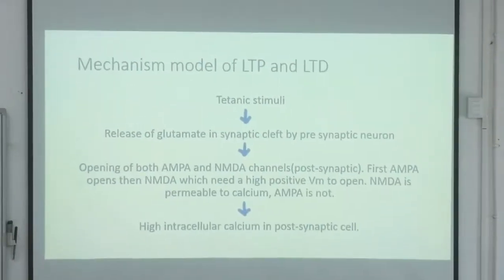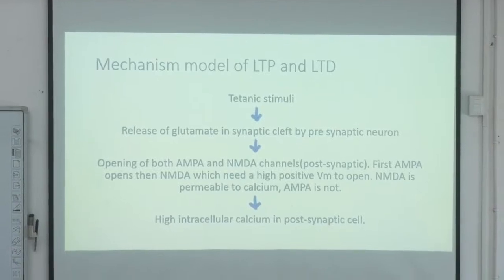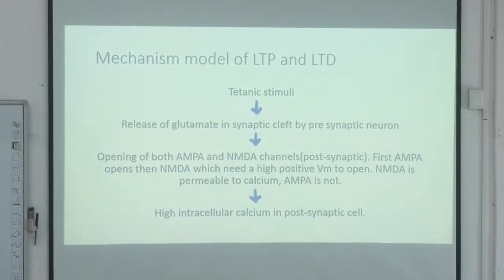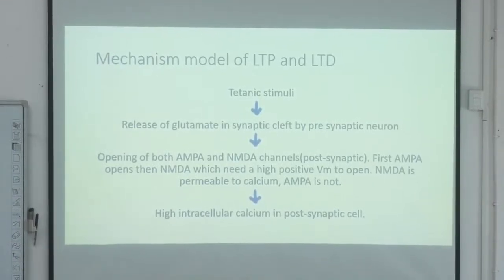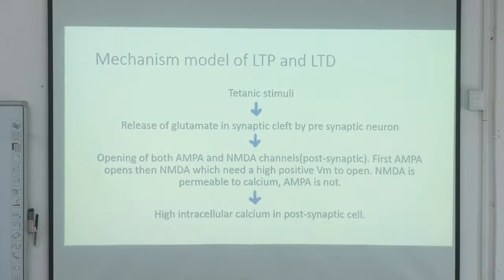And here is the mechanism of long-term potentiation and long-term depression. The mechanism is quite complex. Again, I am telling you, I have tried to make it as simple as possible for you, right? So tetanic stimuli, repeated stimuli you are applying to the presynaptic neuron. That means repeatedly you are trying to ride a bicycle.